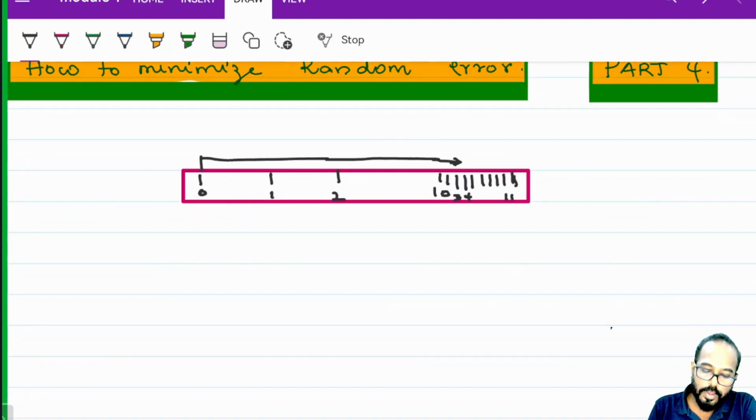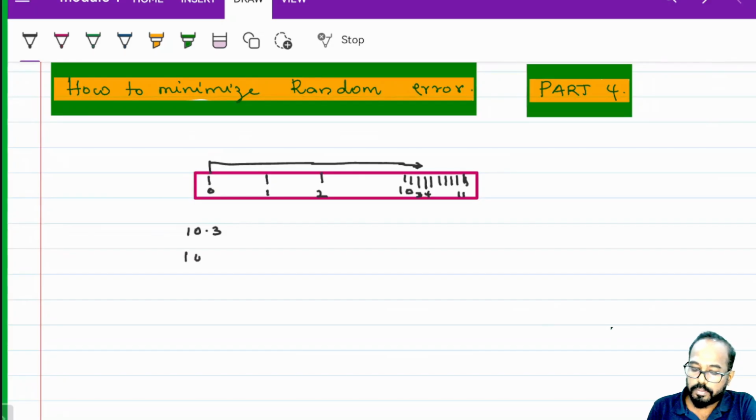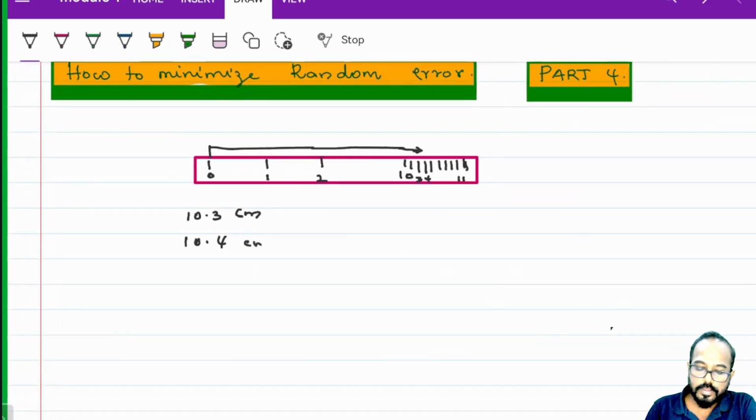So what you will do? You know that 10.3 is the minimum value, right? At maximum it can go up to 10.4. So the uncertainty of the measurement lies between 10.3 centimeter and 10.4 centimeter. Is it clear?